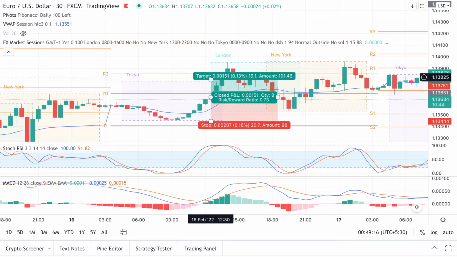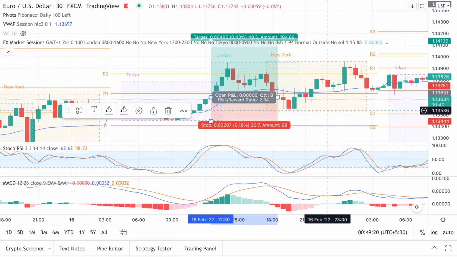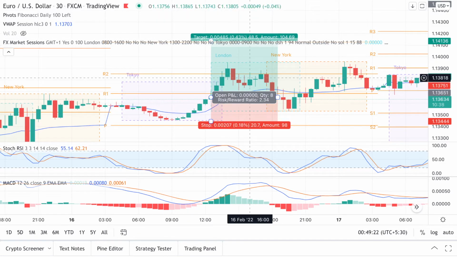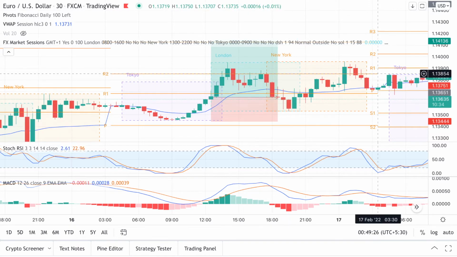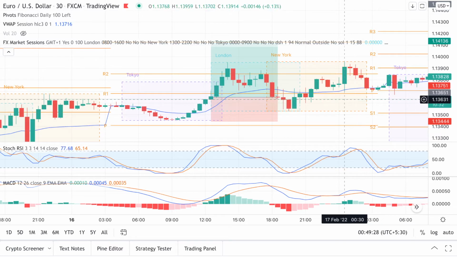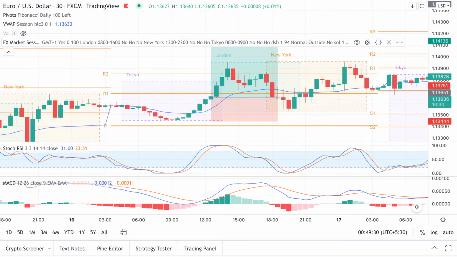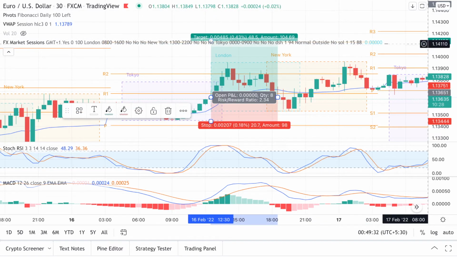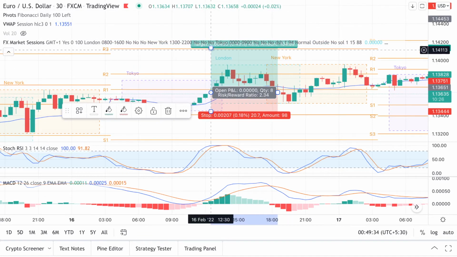In this strategy we don't keep any target price, so we let the trade run until the day end. But if you want to be safe, you can put the target price at the next pivot point.